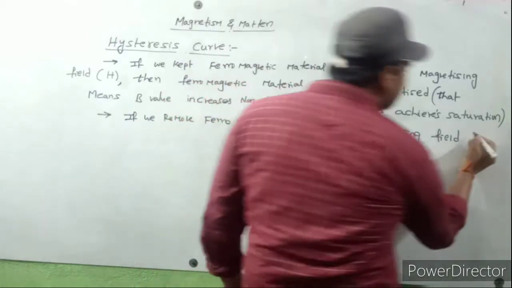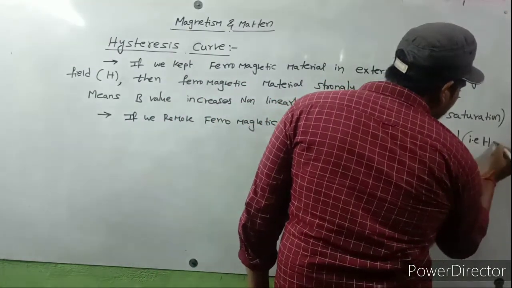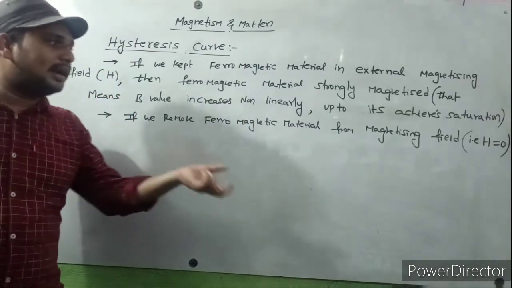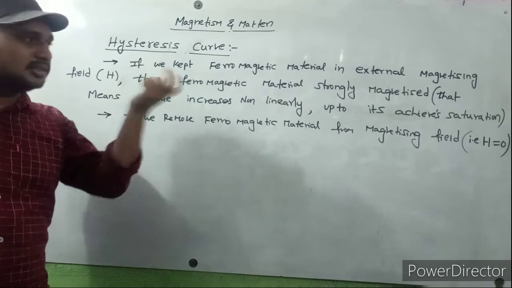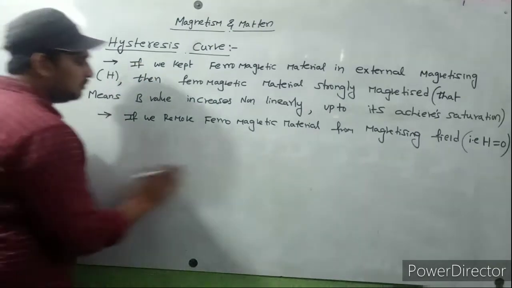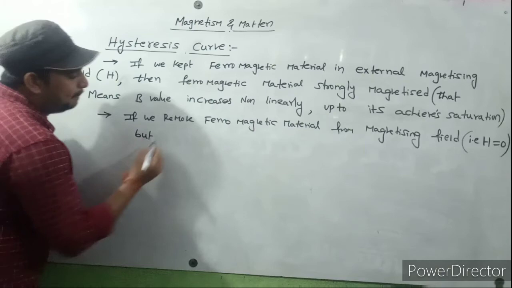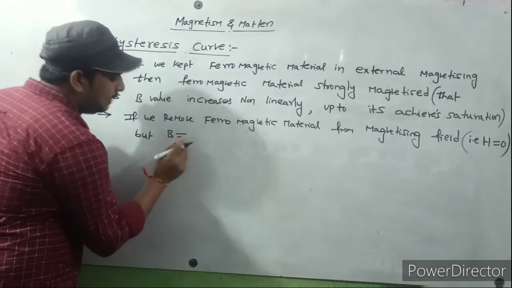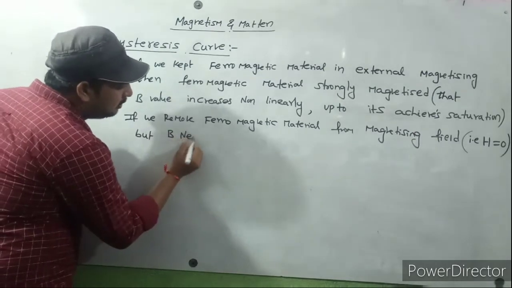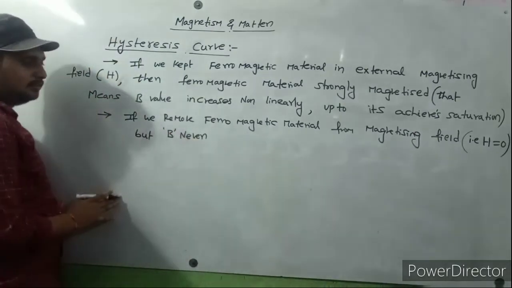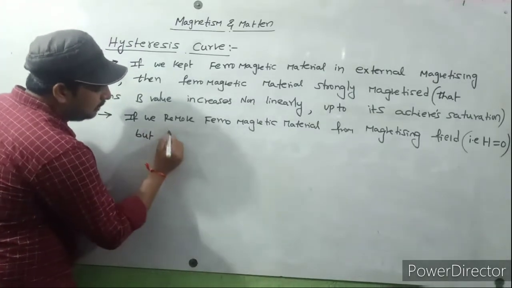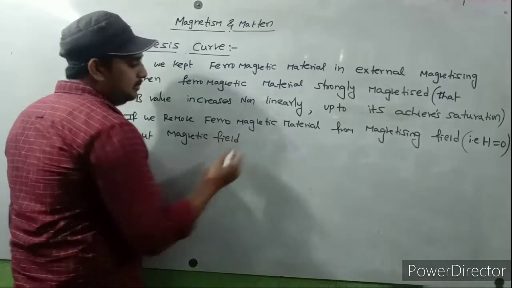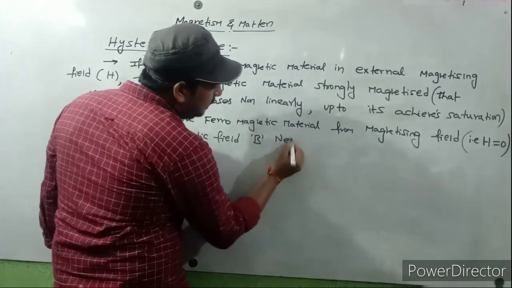H becomes 0, that is H is equal to 0. But the magnetic field B never becomes 0.